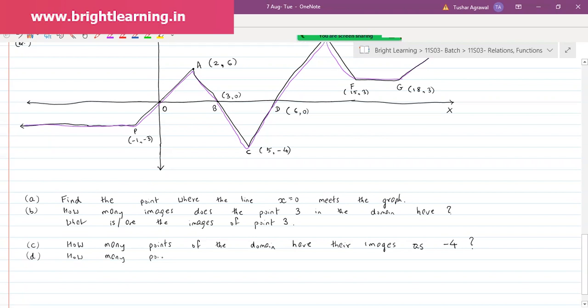How many points of the domain have their images as -5?